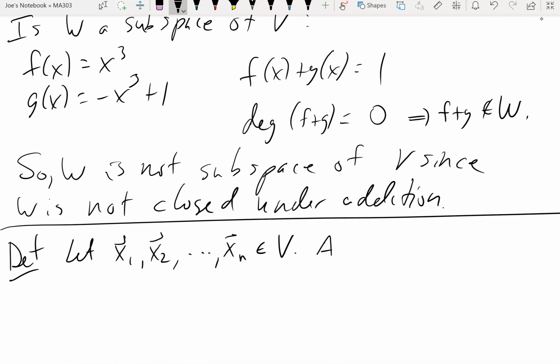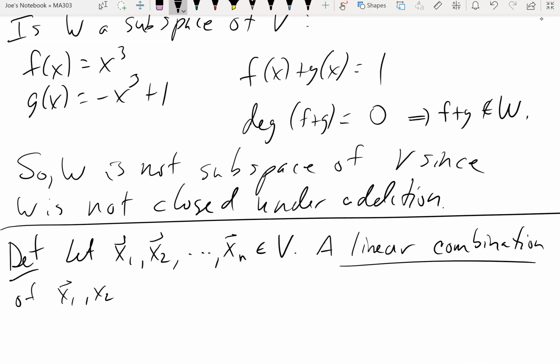So the first definition, and you may have heard of this definition before, a linear combination of these vectors is just a sum of scalar products.